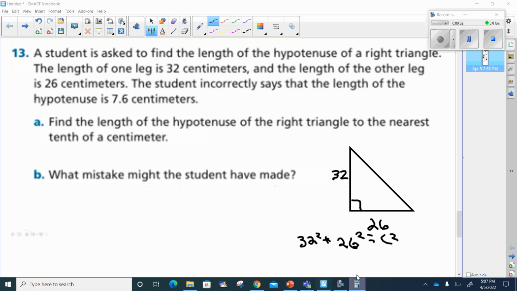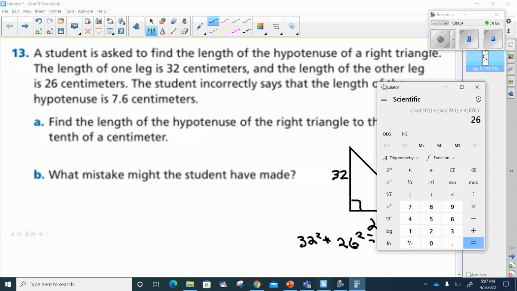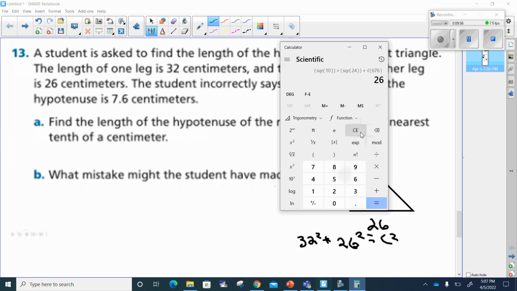I'm going to make this a little easier using our calculator here. We know that we're supposed to go ahead and take parentheses, I'm going to take 32 squared, and we're going to add it to 26 squared. Okay, and that's going to equal 1,700.